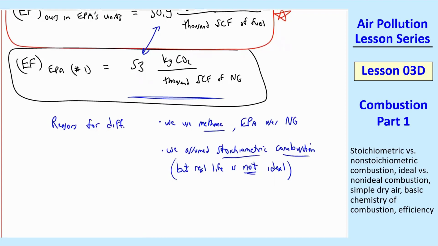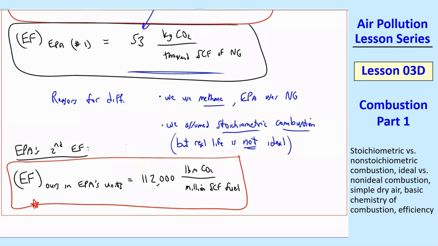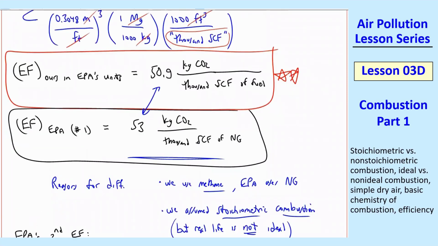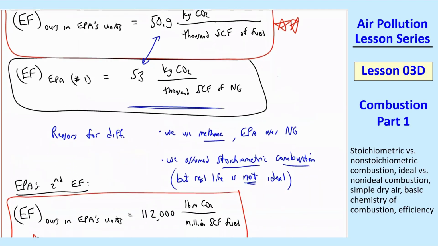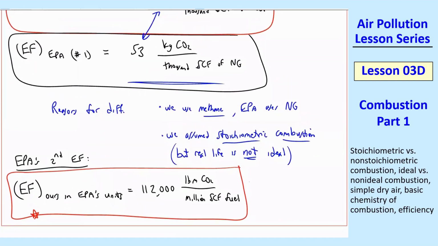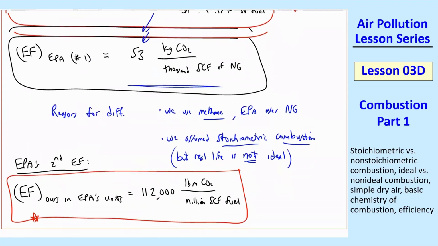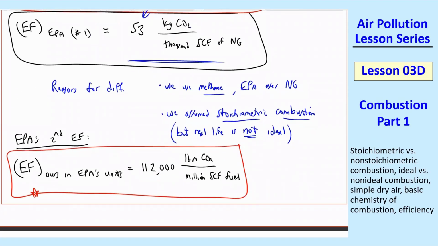I should say first, the second one is the same, just in different units. It's just all English. So that's just a matter of unit conversions. I'm not going to show any of the work here, but you take our answer from EPA's units for their number one EF and just convert to pound mass CO2 instead of kilogram CO2, and then it's million instead of 1,000 SCF fuel.